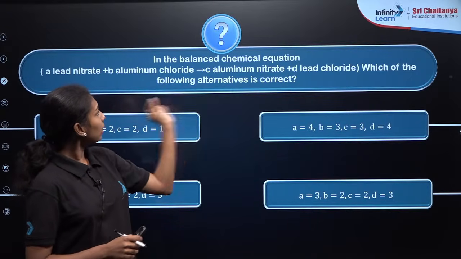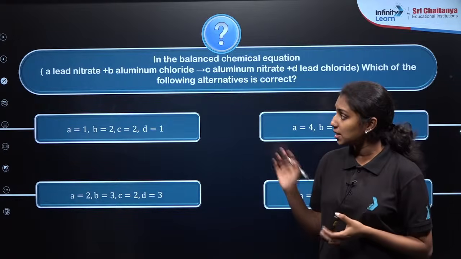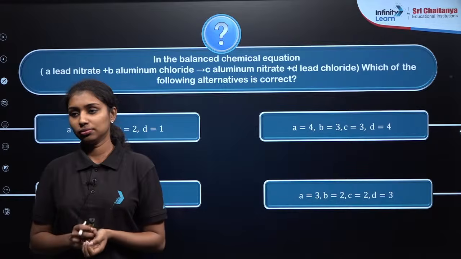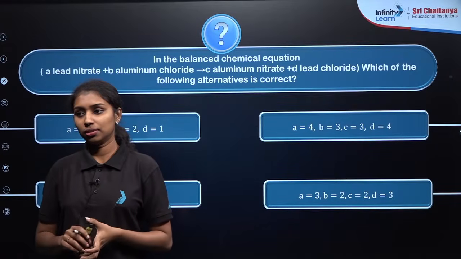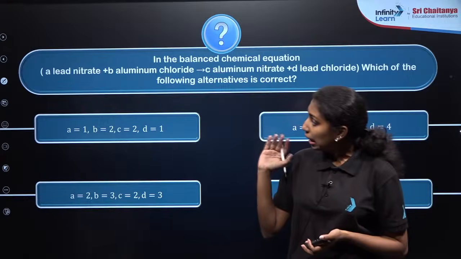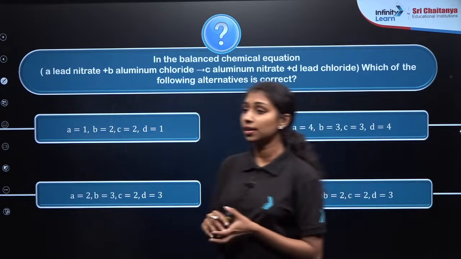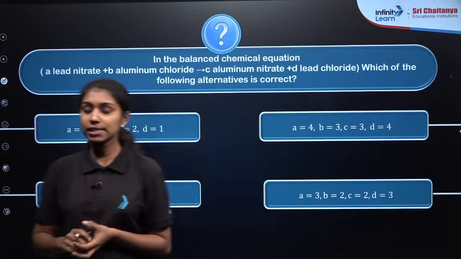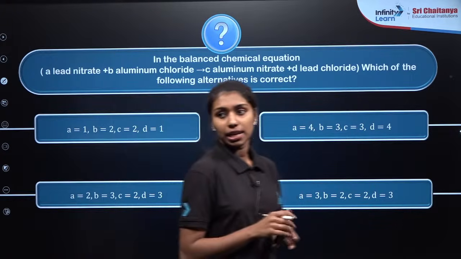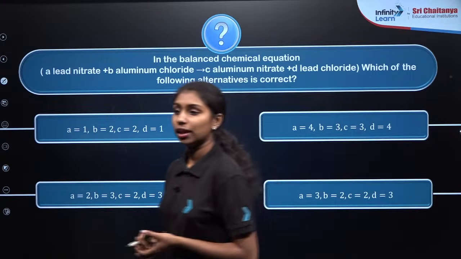You need to identify the values of A, B, C and D. First you need to identify the chemical formulas of these compounds: lead nitrate, aluminum chloride, aluminum nitrate and lead chloride. Try to write the chemical equation and balance it, then you will get the values of A, B, C and D. You can take your own time.